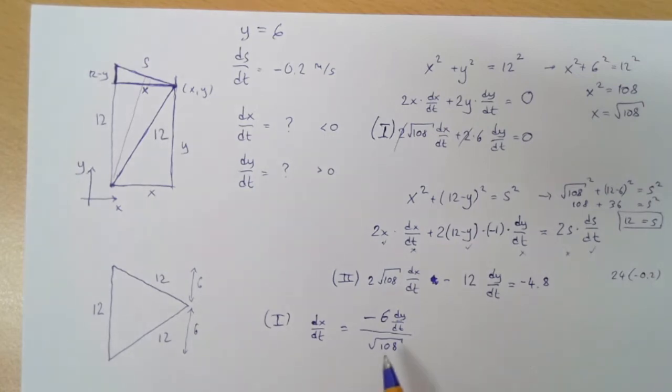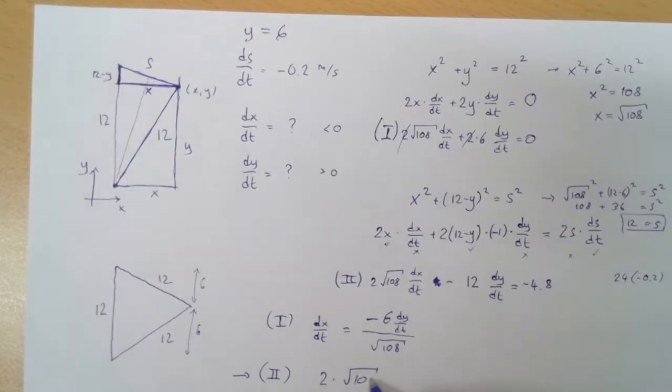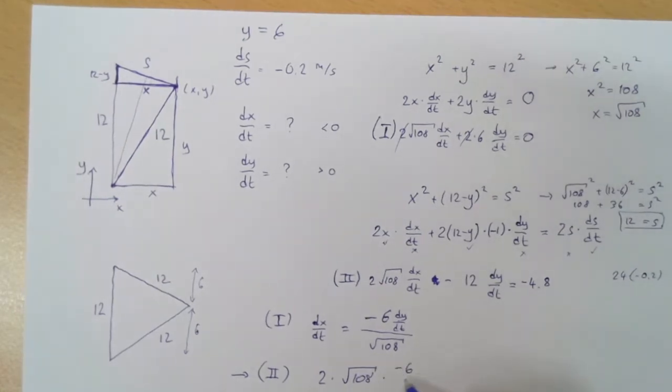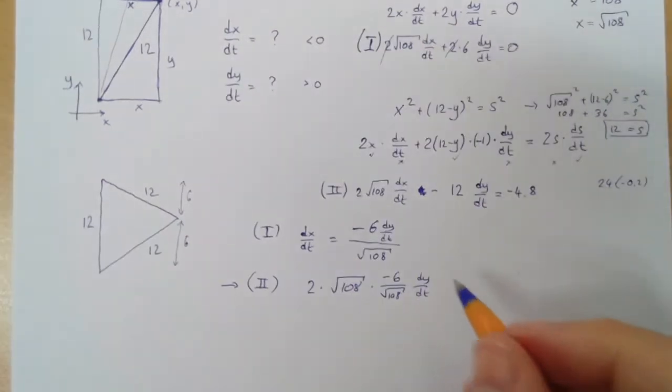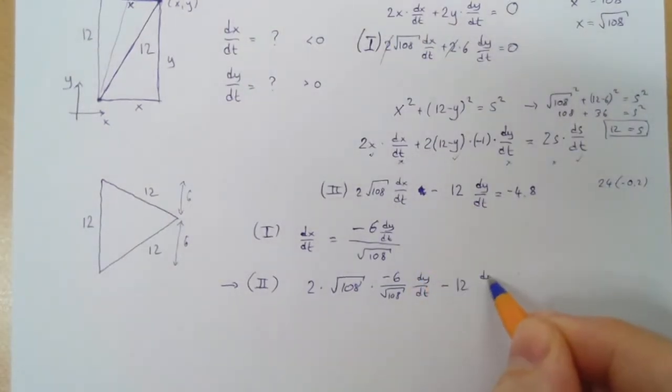I can plug this in equation 2. 2 times root 108 times negative 6 over root 108 dy/dt minus 12 dy/dt equals negative 4.8.